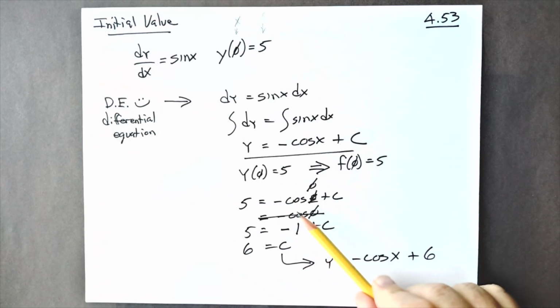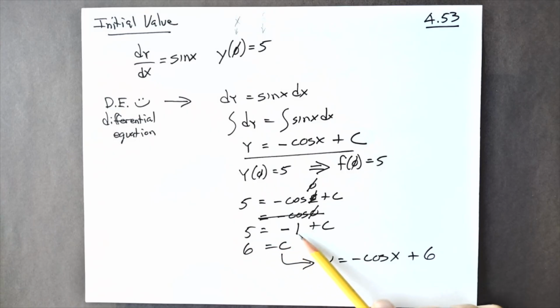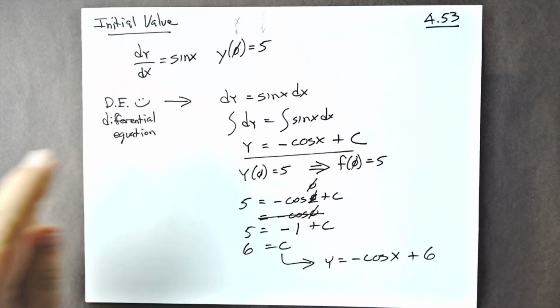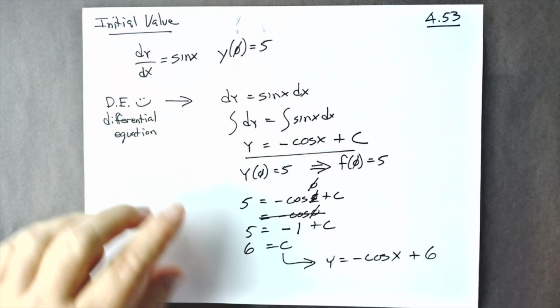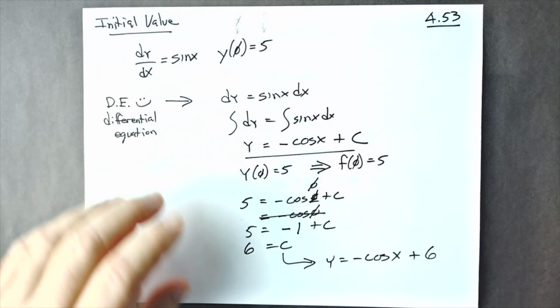Well, cosine of 0 is 1, and negative that is negative 1. So I have 5 equals negative 1 plus c. Add 1 to both sides, and I get c is 6. So y equals negative cosine x plus 6 is the function that will generate this value from this differential equation.